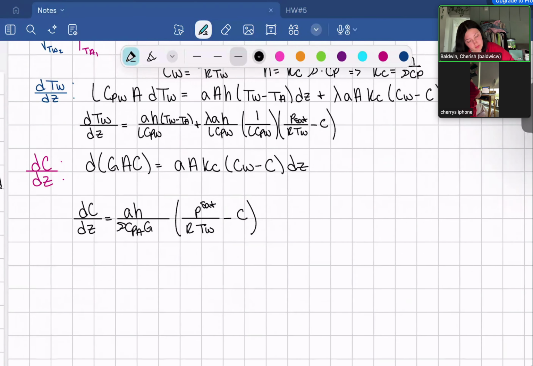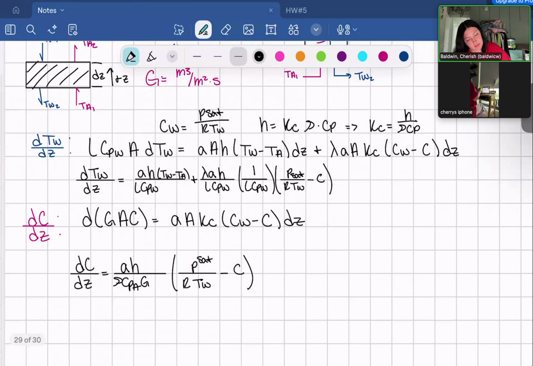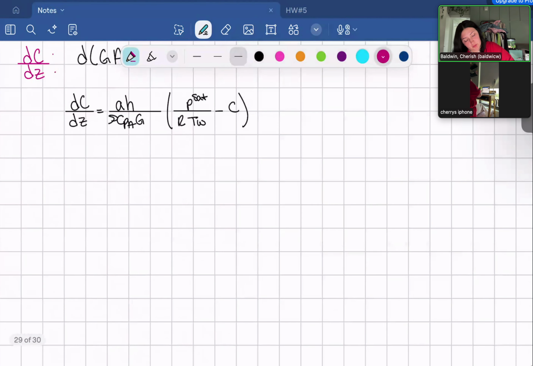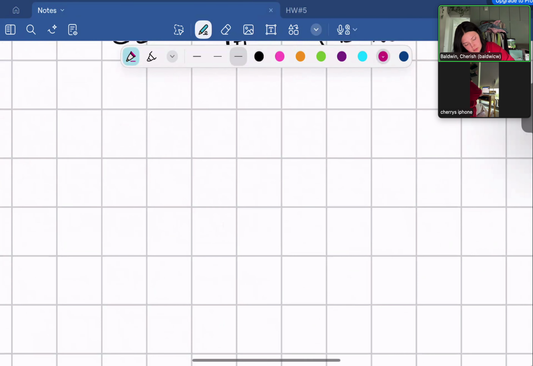All right, and now finally, we're going to go through the temperature of the air through dz.